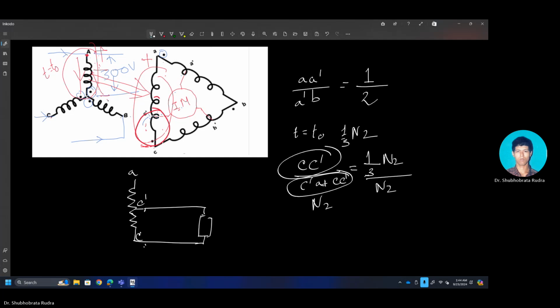Correct. So, that being said, what you have? You have your voltage C dash. Some voltage is appearing here. So we can draw the circuit diagram like this.